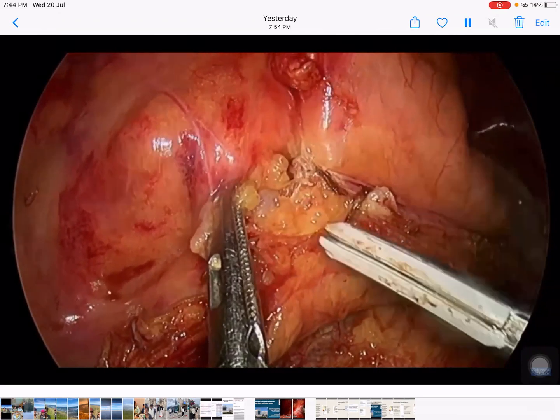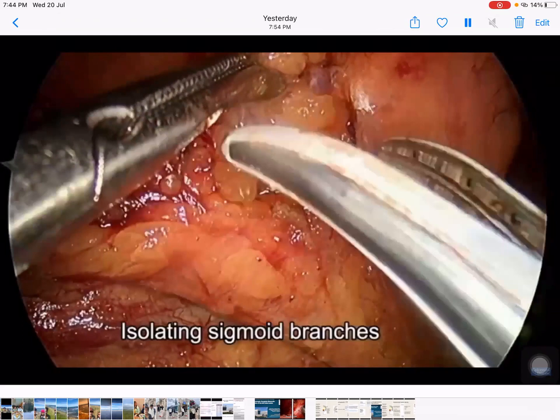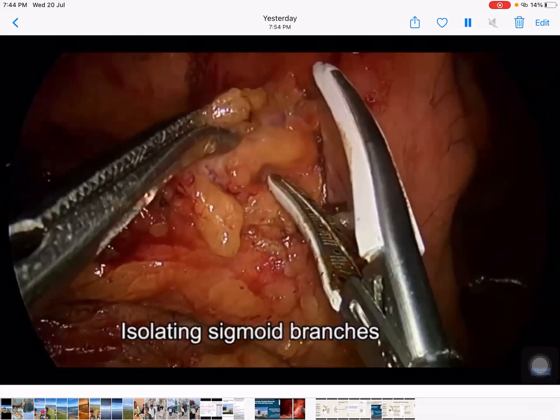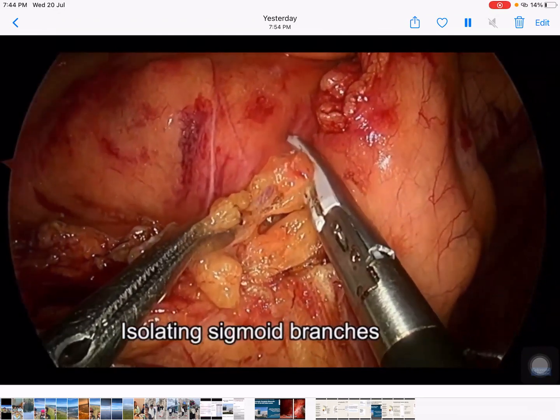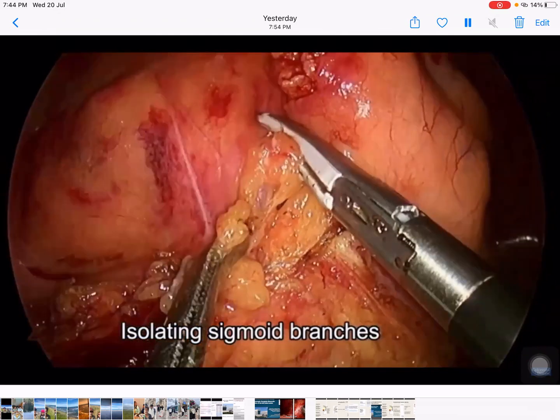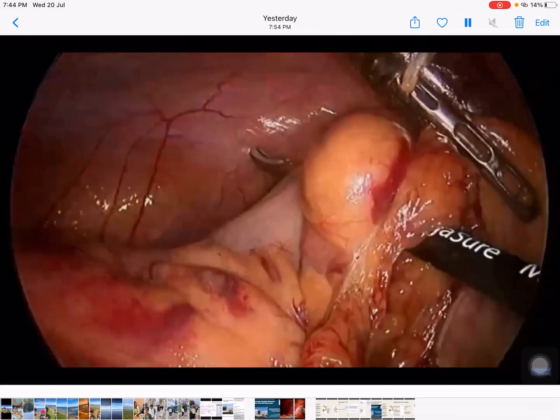So once you do that, then take the left colic, then you take all the branches along the superior rectal artery to get enough distal margin of about 10 centimeters or so. And then you can transect the distal margin.